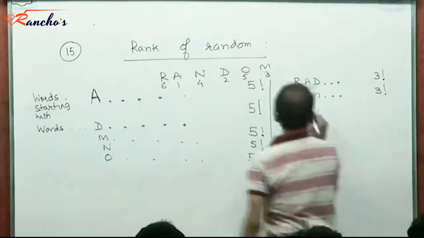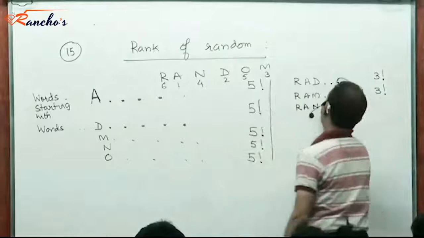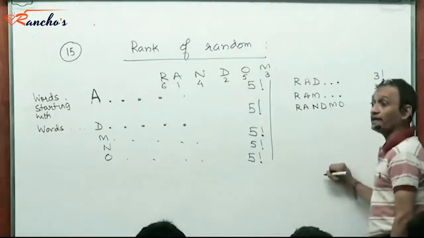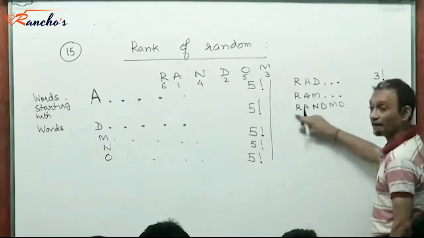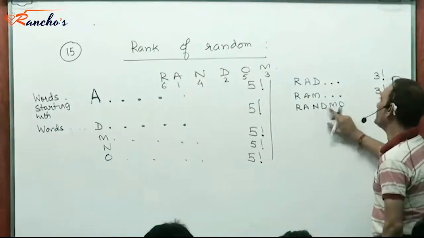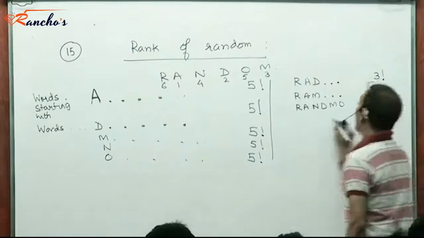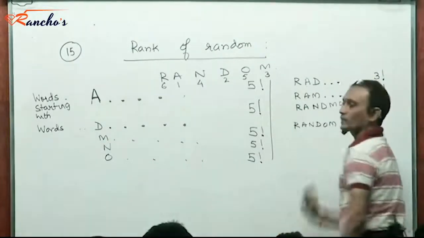Right? Then you have RAN, RANDOM. RANDOM would be the next. Yes or no? Starting with N, RAN, all RAMs consumed. Then with RAN, the next would be DOM. So this would be one case. And then you will have RANDOM. Right?